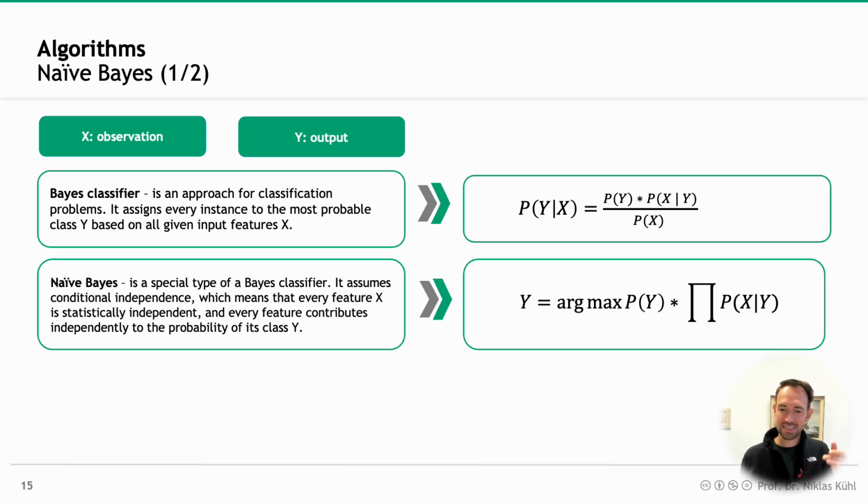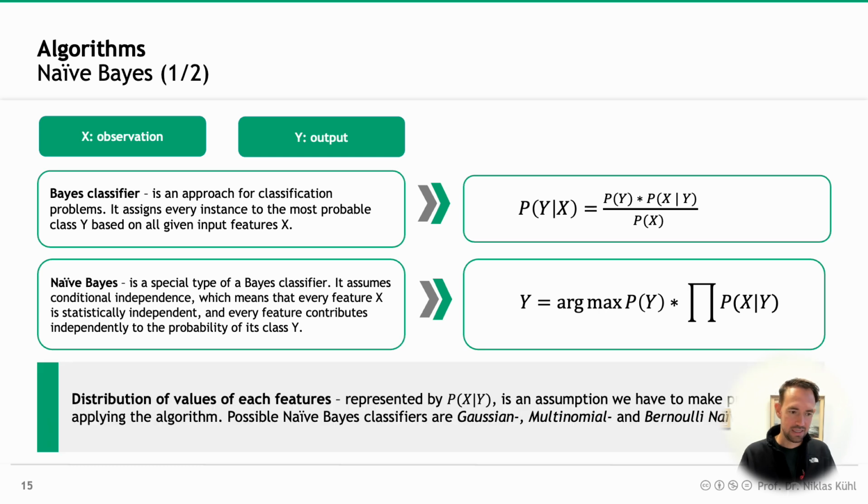But what's interesting is that despite this simplicity and this unrealistic independence assumption, it does perform surprisingly well. Although I have to say again, over time, it became less important.